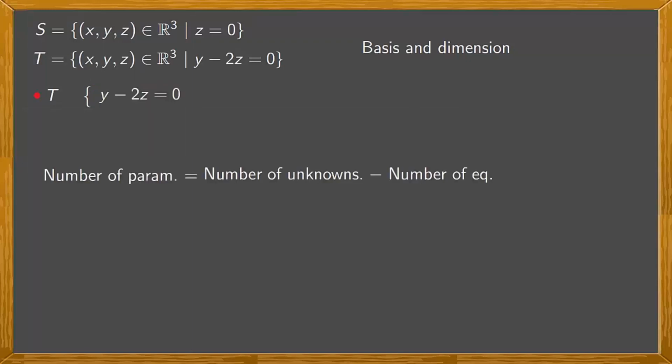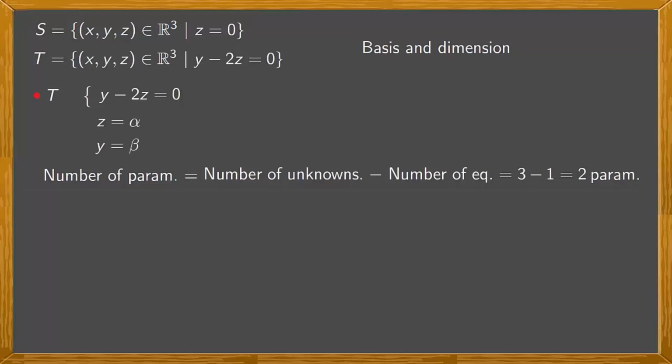The number of parameters equals the number of unknowns minus the number of equations. Here the number of unknowns is 3 minus the number of equations, 1. So we have 2 parameters which we'll now assign. Again, we start at the end. Z equals alpha, y equals beta.